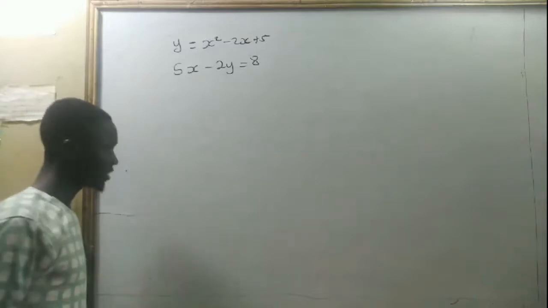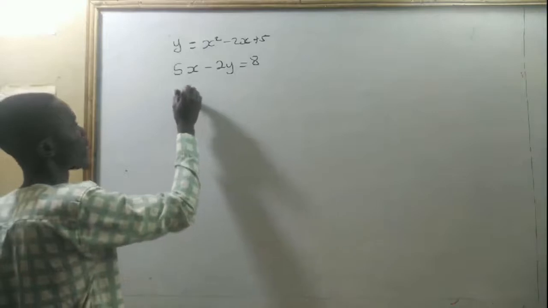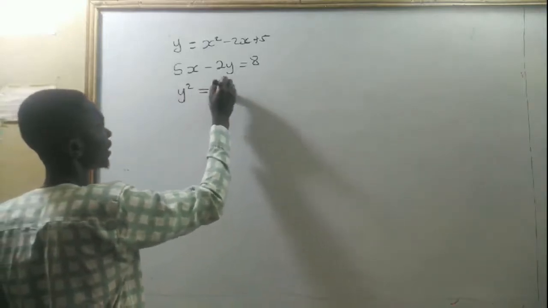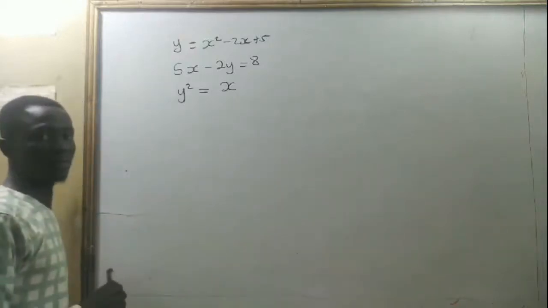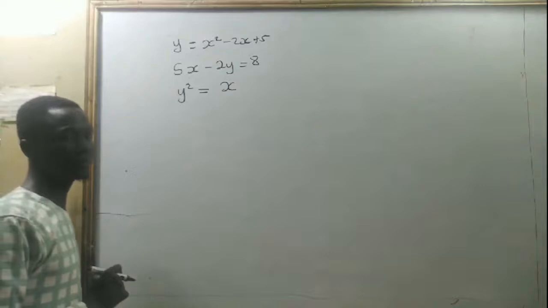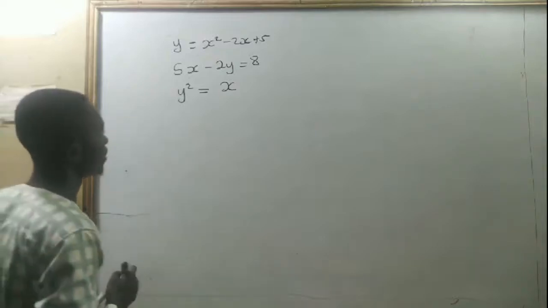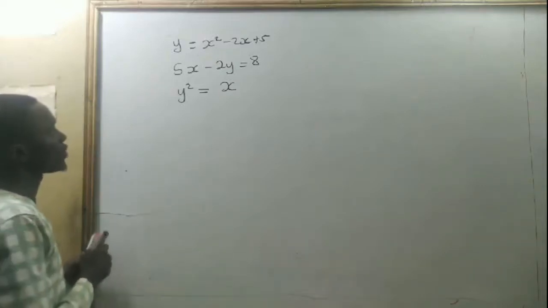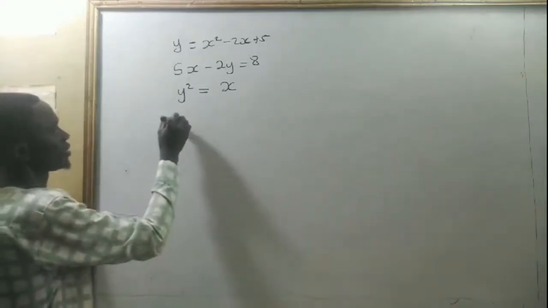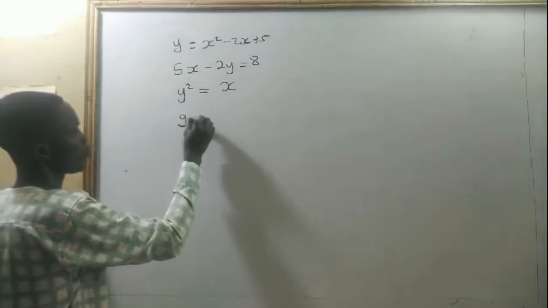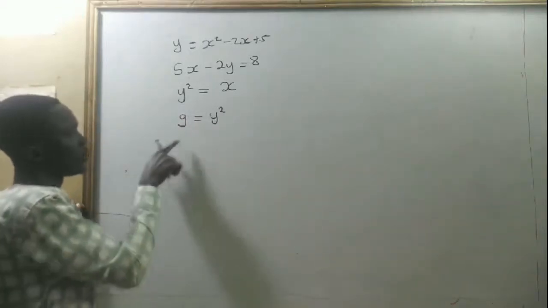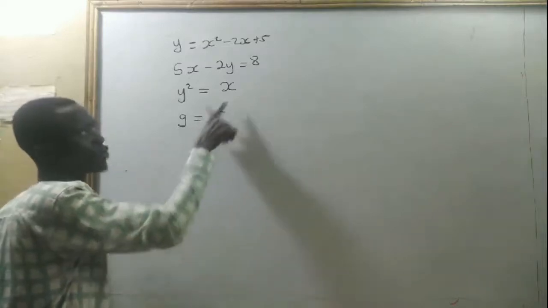Now let's start. If I have y squared is equal to x, here I'm going to differentiate this implicitly. If we represent g equal to y squared, then we are going to differentiate this y squared with respect to x.